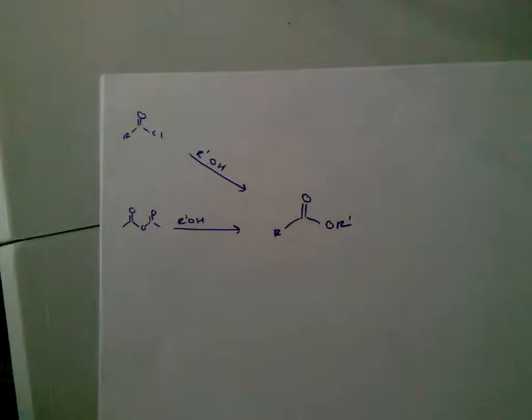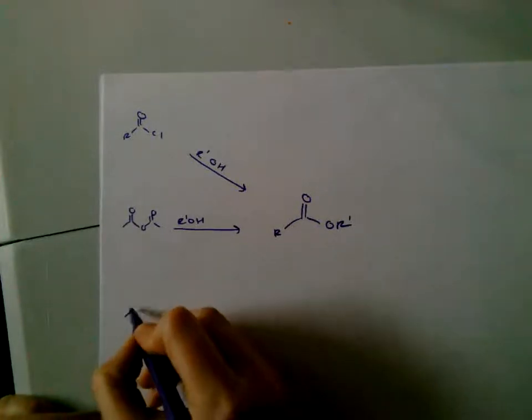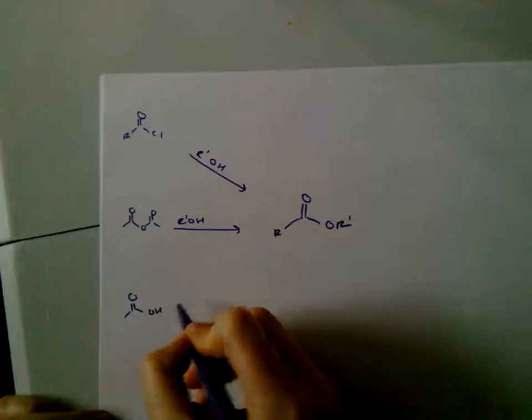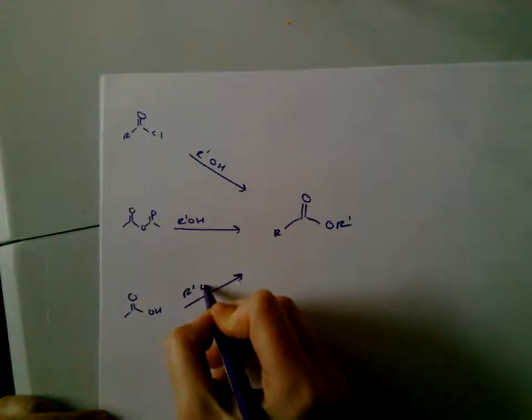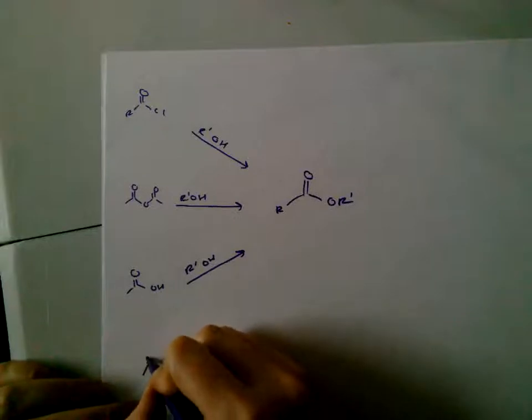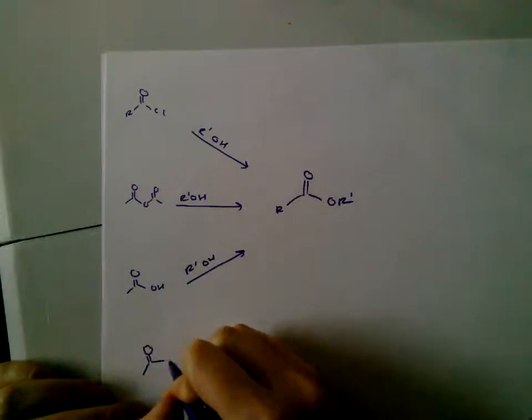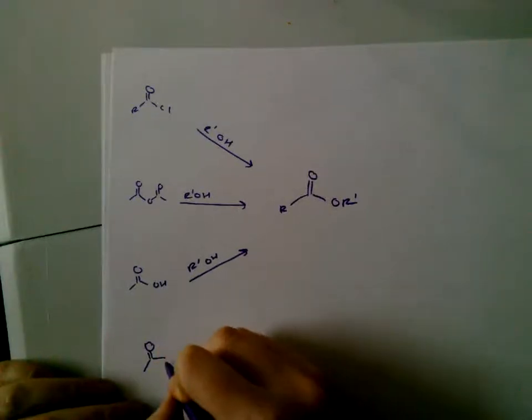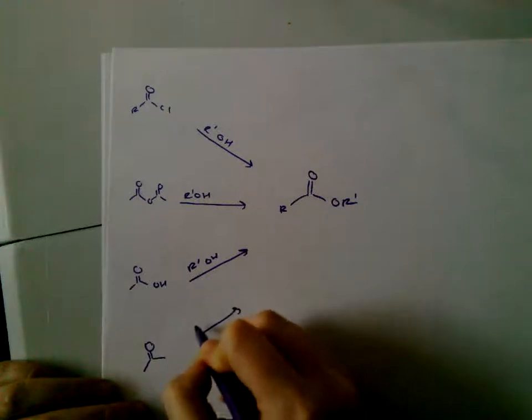You also learned that you could do carboxylic acid with alcohol. We learned that in an earlier chapter. I think it was that chapter 11 maybe. I'm not 100% sure. And you learned Baeyer-Villiger oxidation.